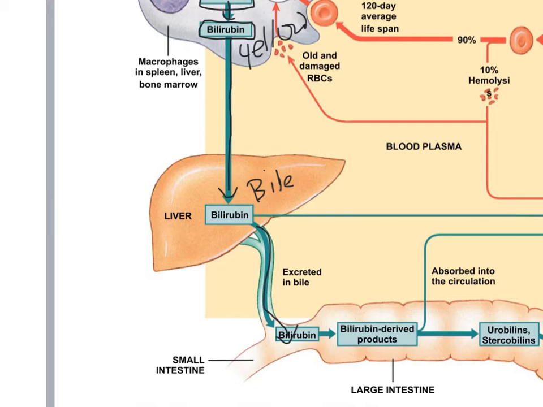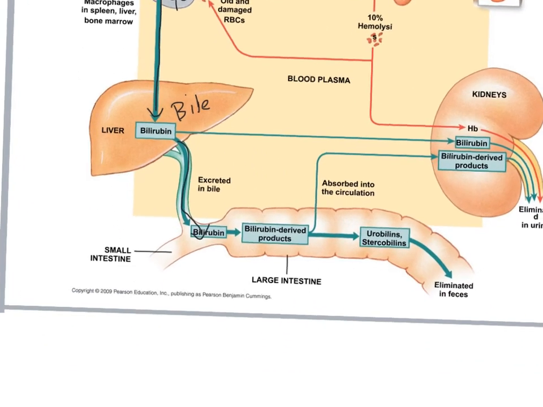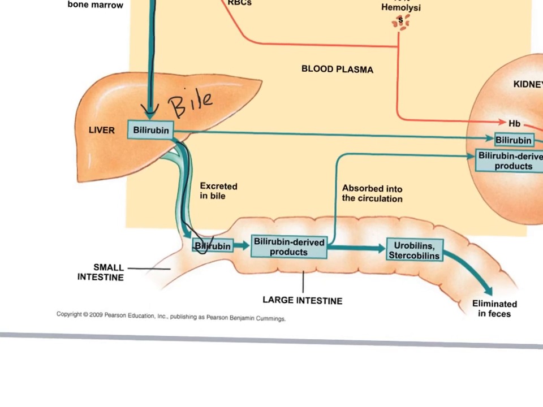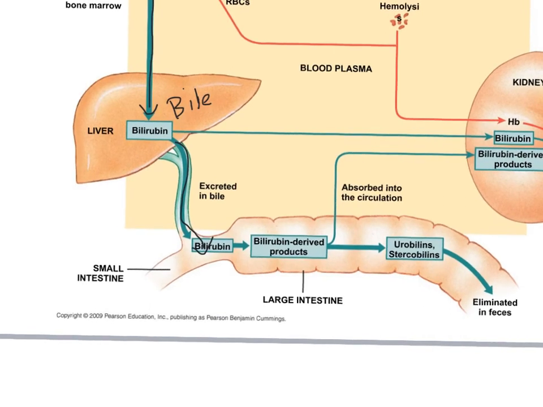Okay, but what happens to the bilirubin that is in the intestines then? Does it just get excreted then in the feces? Well, yeah. The bilirubin products are going to be converted into these two things. First, they're converted into an initial one called urobilinogens and stercobilinogens, but then eventually they get converted to urobilins and stercobilins.